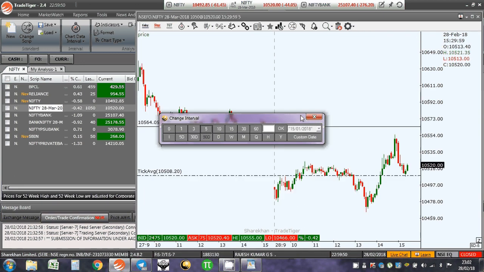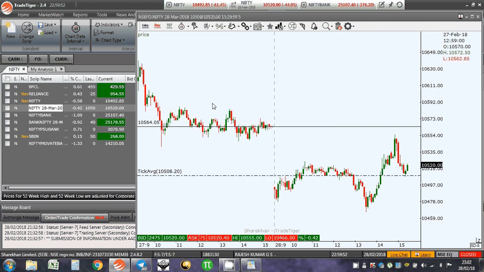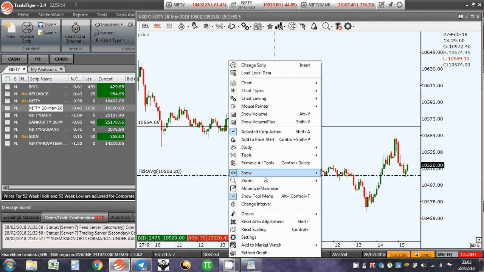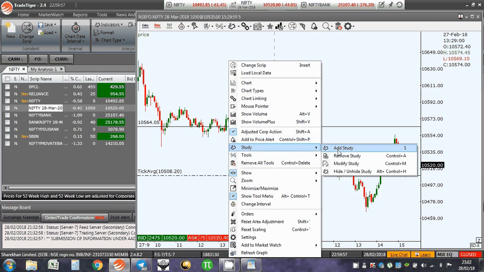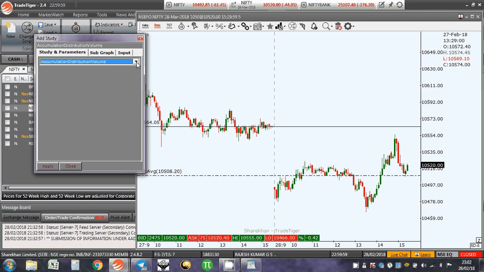Intraday, I'll use a 5-minute chart. Okay, I'll add moving averages, exponential 5. So I have to change the exponential one also.